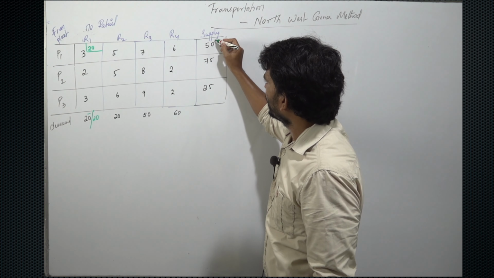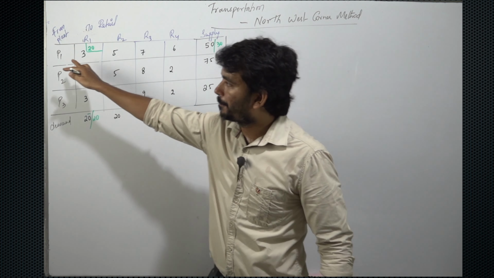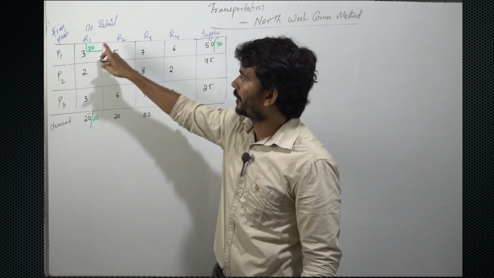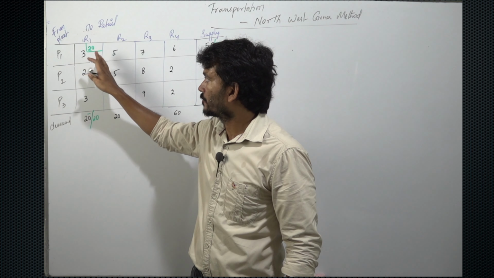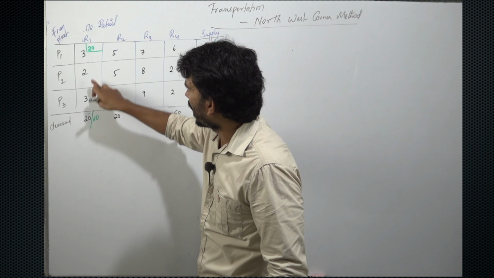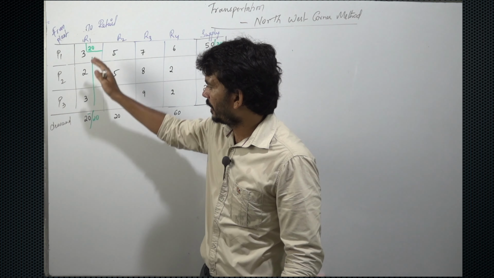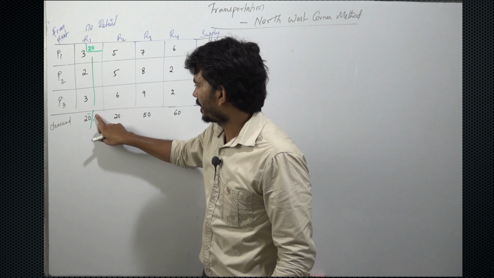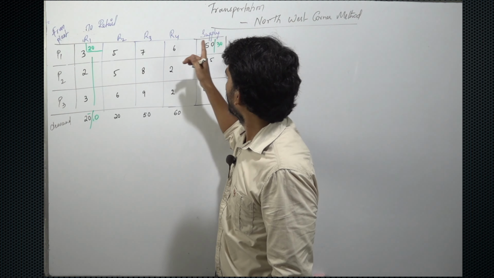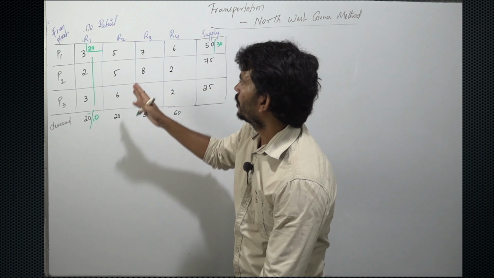Now the 50 will become 30, because plant 1 can supply 50 units, of which 20 have been given to R1, so remaining is only 30. So now the entire R1 retail store demand is crossed out, because they don't require more. They only require 20, they got it from P1. So the demand for R1 has been met. Now we need to see from here.